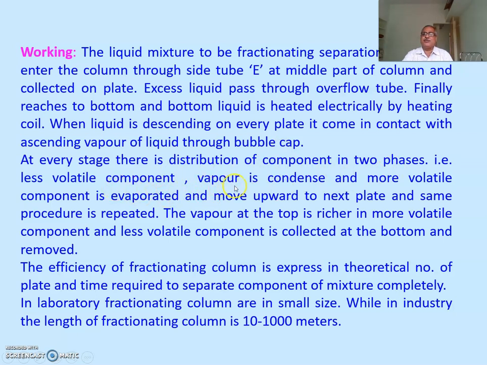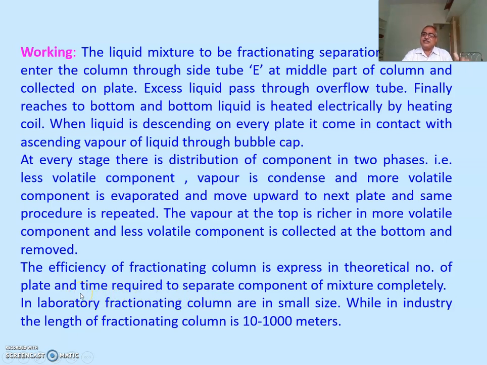Therefore, the less volatile component vapor is condensed and the more volatile component is evaporated. It moves upward to the next plate and the same procedure is repeated, and finally the more volatile component is condensed and separated out. The vapor at the top is rich in the more volatile component, and the less volatile component is collected at the bottom and is removed through the valve. The efficiency of a fractionating column is expressed in theoretical number of plates.